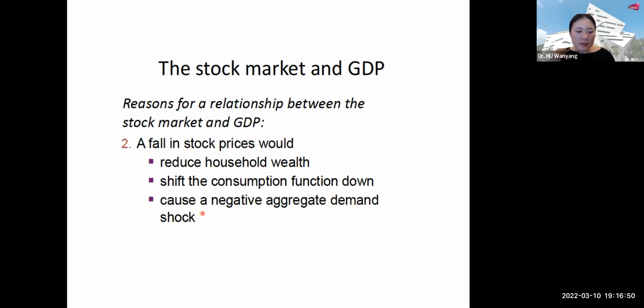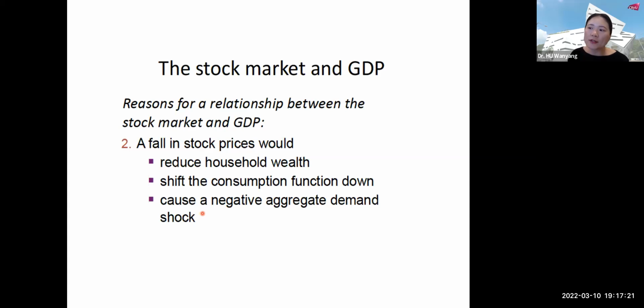it means that household wealth is affected. The stock is part of the asset holding. So if the stock price falls, then household wealth will be reduced. If household wealth is reduced, then the entire consumption function will be shifted downwards, because at any given price level, you consume less since you have fewer household assets.